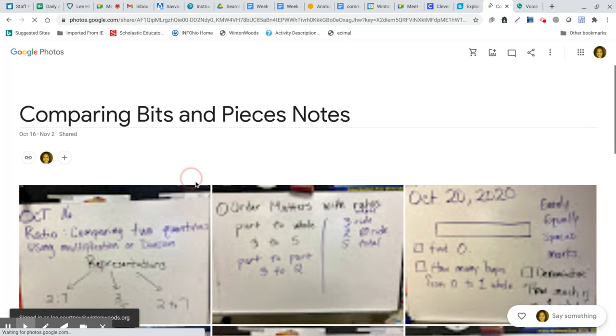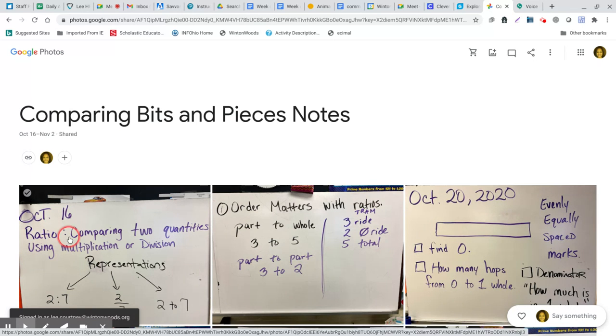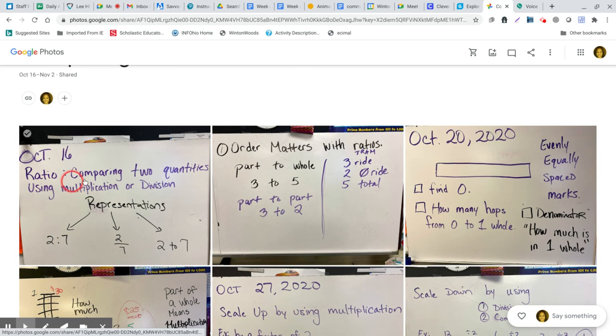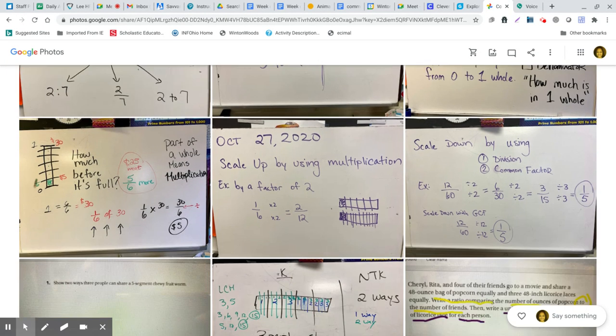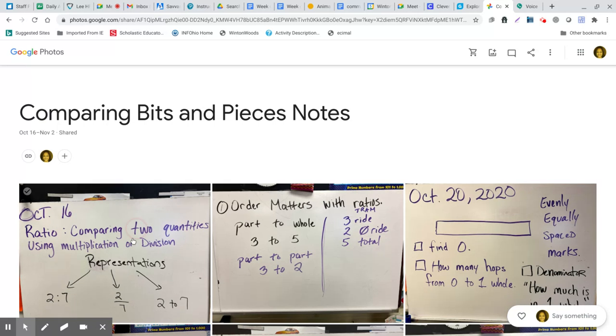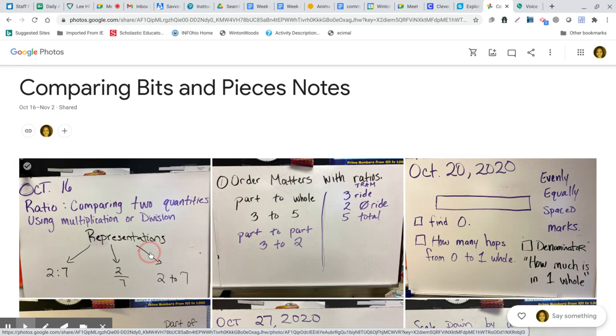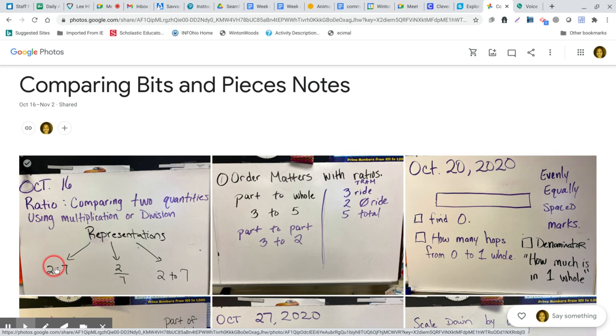But if you go to it, right here on October 16th, I talked about ratios compared to quantities or more. I should have put or more. Using multiplication or division. So you can have a colon, you can have it look like a fraction, or you can use the word to.